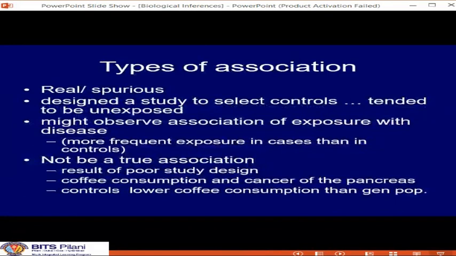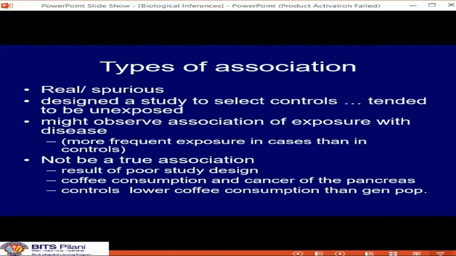So building on what I said, there must be two types of association. One is real and one is not real, or spurious. When is it spurious? Take for example, I want to prove, and this is a hypothetical story, that smoking has nothing to do with lung cancer. I can choose a group of lung cancer patients who never smoked.